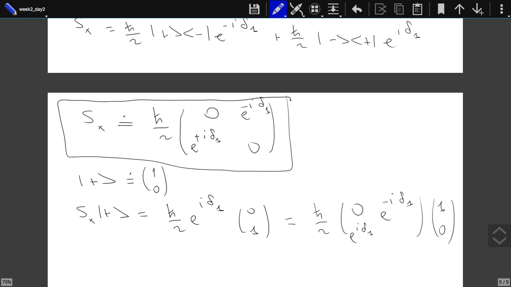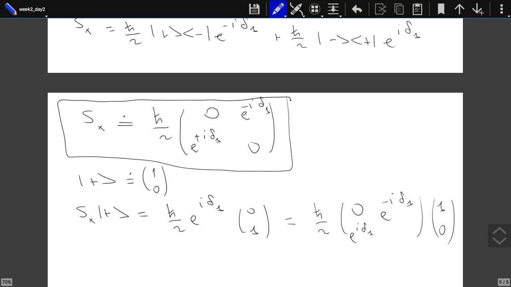In fact, the value of delta 1 that you choose shouldn't make any difference, because it will mainly correspond to whether you choose your x axis in this direction or in that direction. Physics should be independent of that. So whatever value you choose for delta 1, that is valid. Of course, once you choose your z axis and x axis, you don't really have any freedom in choosing the y axis.